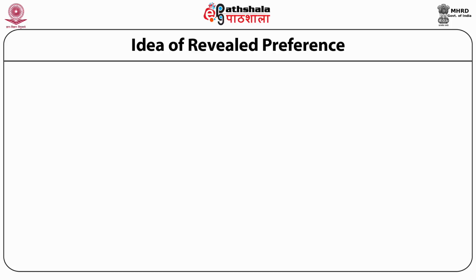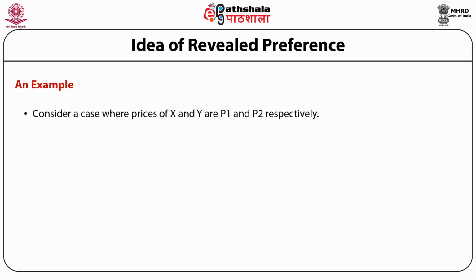Now let us try to infer something on the preference from the revealed preference. Take this example. Consider a case where prices of good X and good Y are P1 and P2 respectively. At this price, the consumer chooses the X1 Y1 bundle over X2 Y2, although X2 Y2 was affordable to him.